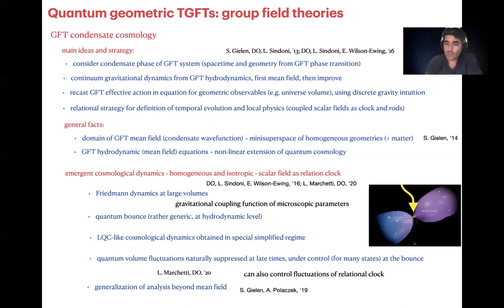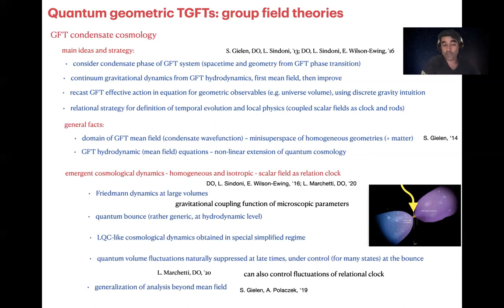Several results have been obtained recently in this context. I mention a few. One can show that the effective relational dynamics so obtained has the correct classical limit at large volumes and late times. One finds that a quantum bounce replaces the Big Bang singularity if one stays at this hydrodynamic level of description.